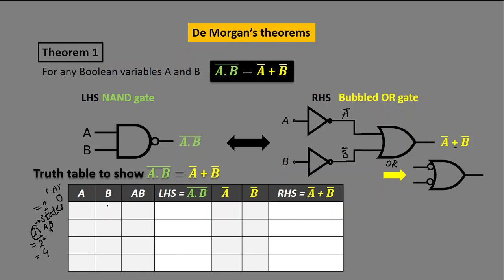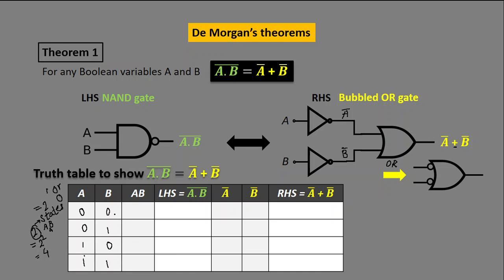For the first one, I write two consecutive 0s and then two consecutive 1s. For the second, instead of two consecutive, you write alternate 0s and 1s. First I write 0 and then 1, then 0 and then 1. This creates four unique input combinations: 00, 01, 10 and 11.